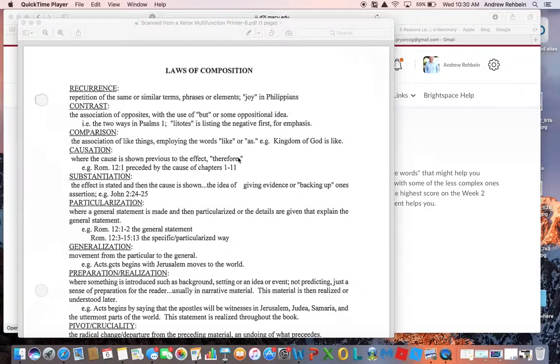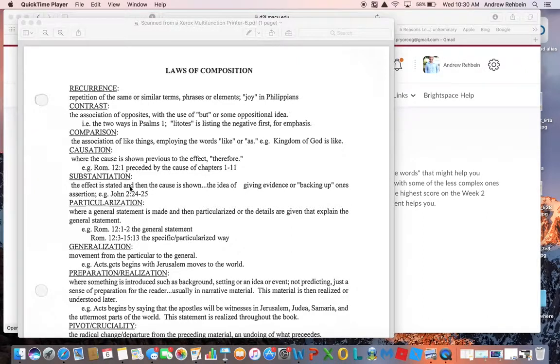My daughter had a fever this morning. Therefore, I am staying home with her today. Literally, that's true. The cause is my daughter's fever, her sickness. The effect of that cause is that I have to stay home and work from home today. Where do you see that in Scripture?